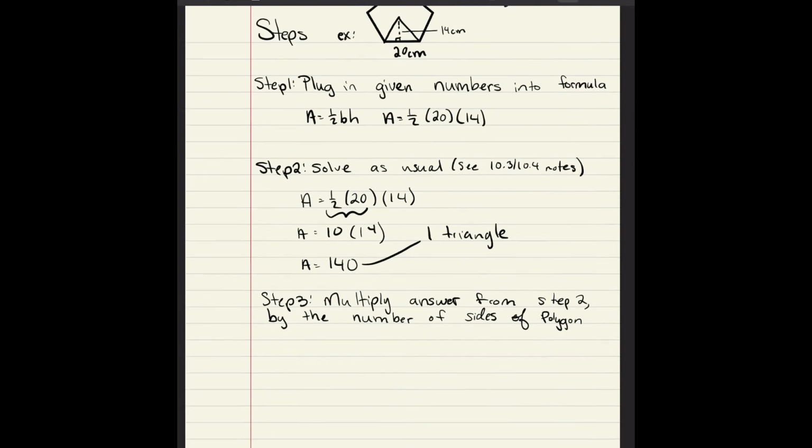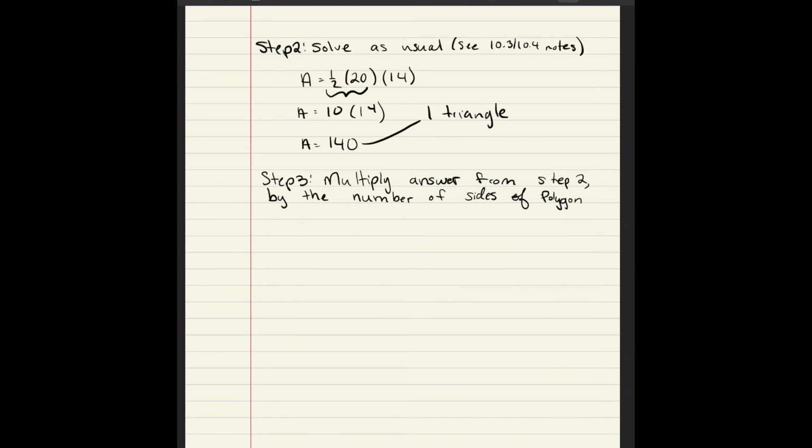So I have step 3, which is to multiply the answer from step 2 by the number of sides of the polygon. So 140 is my answer from step 2. And the number of sides, so here's my polygon and the number of sides I have.